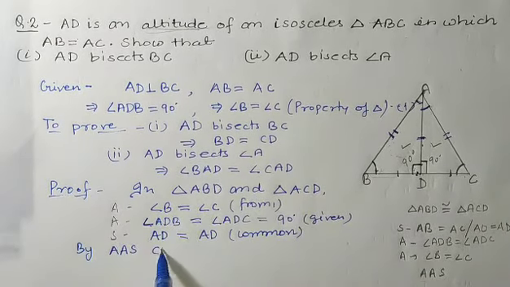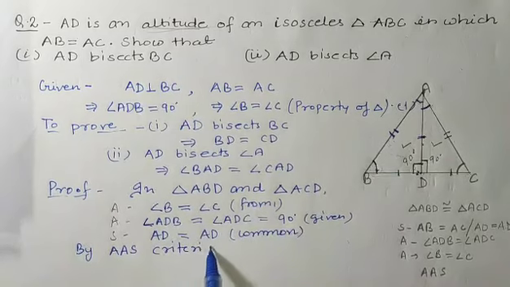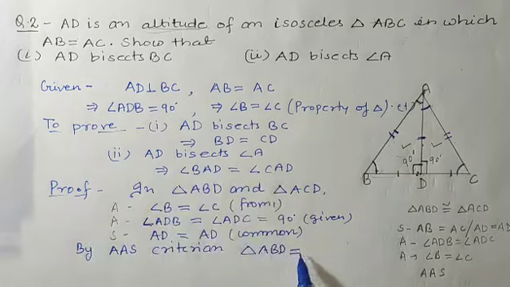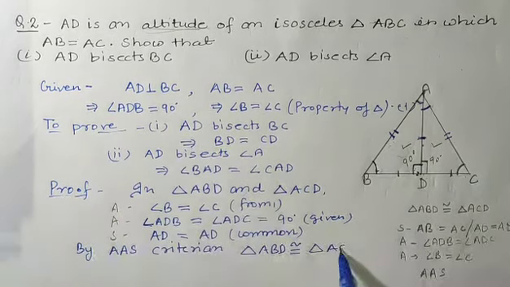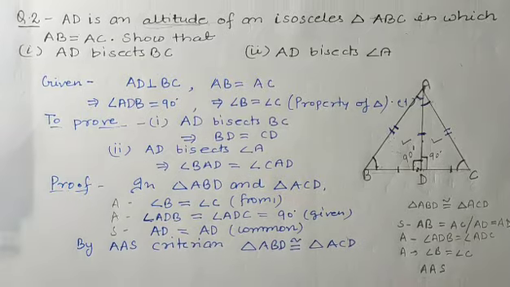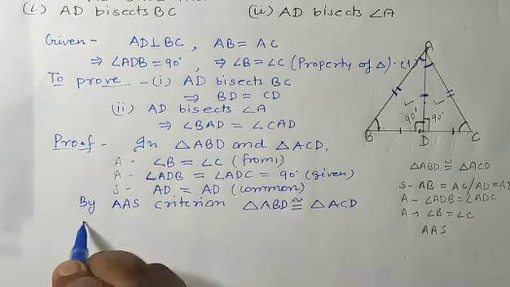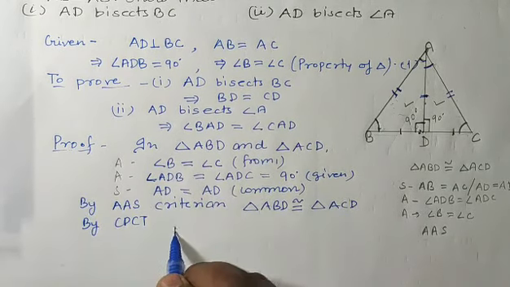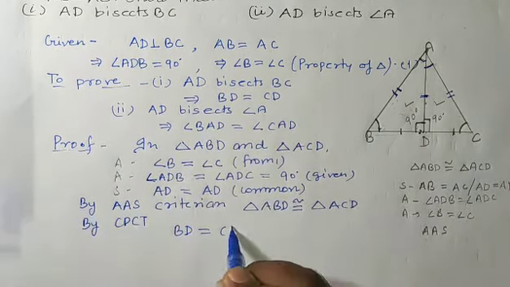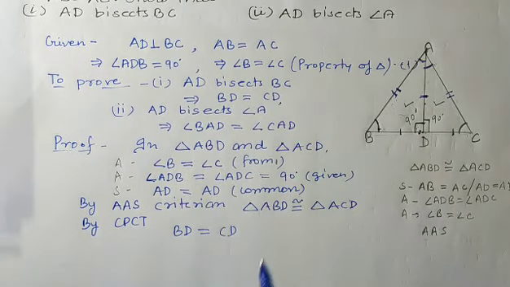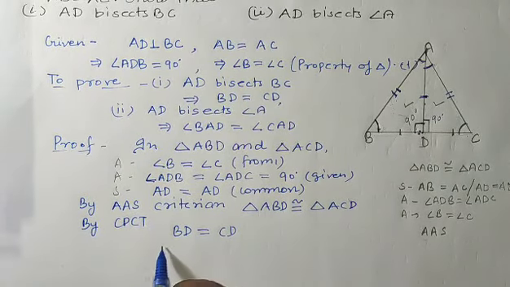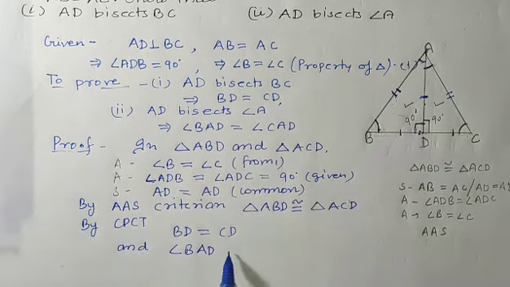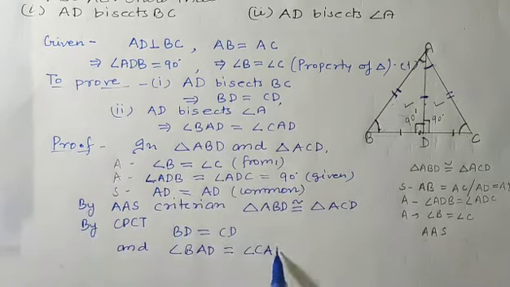So here we can write by angle angle side criterion, triangle ABD is congruent to triangle ACD. So if these two triangles are congruent, then by CPCT we can say that BD is equal to CD, that we have to show here, and angle BAD is equal to angle CAD.